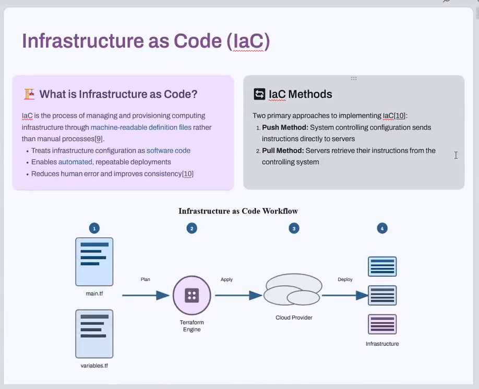So this CloudFormation is a part of infrastructure as code. I think I explained in one of the previous videos, on AWS and customer responsibility, what the different responsibilities are and how the responsibility is divided between the customer and AWS.